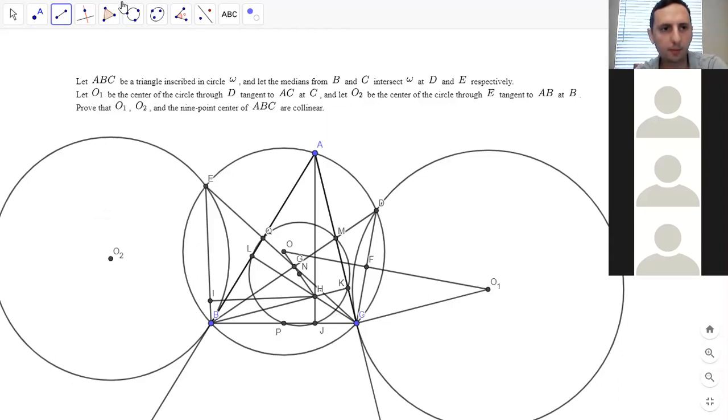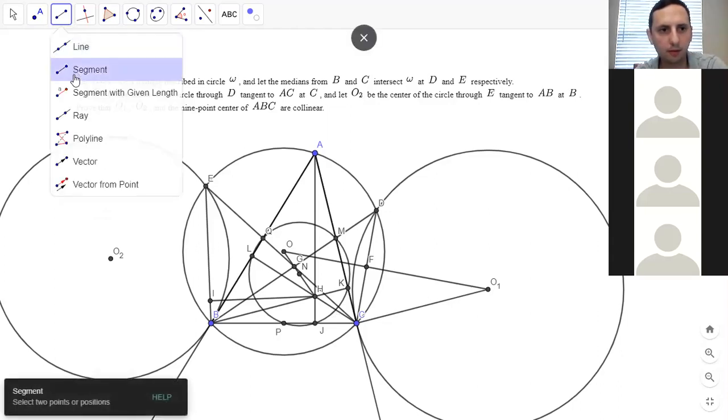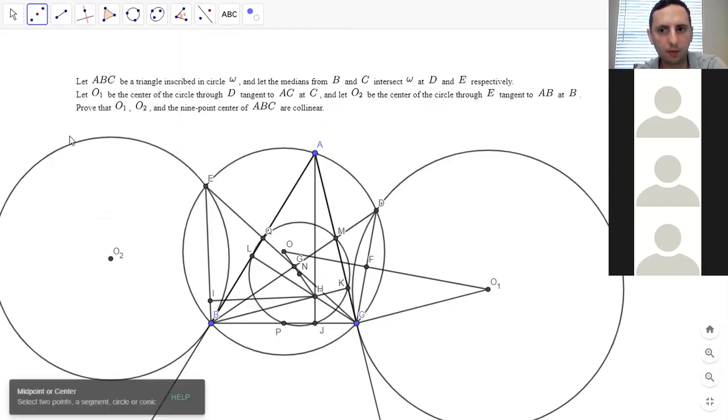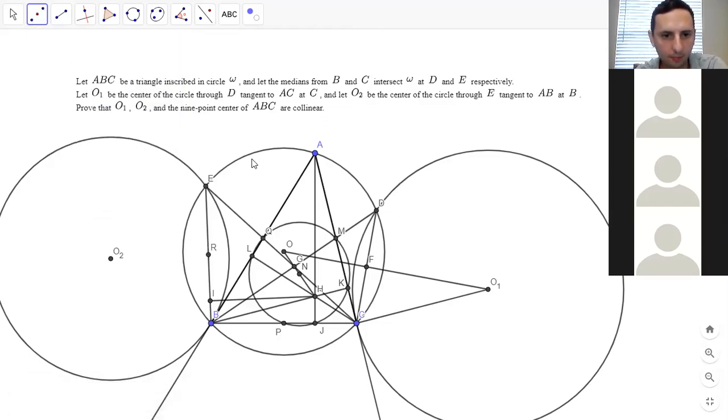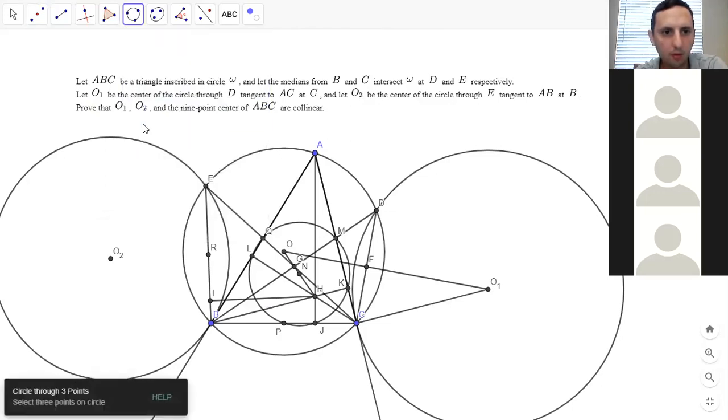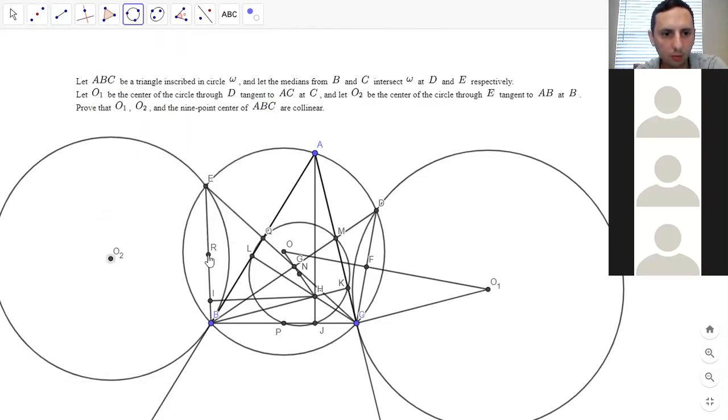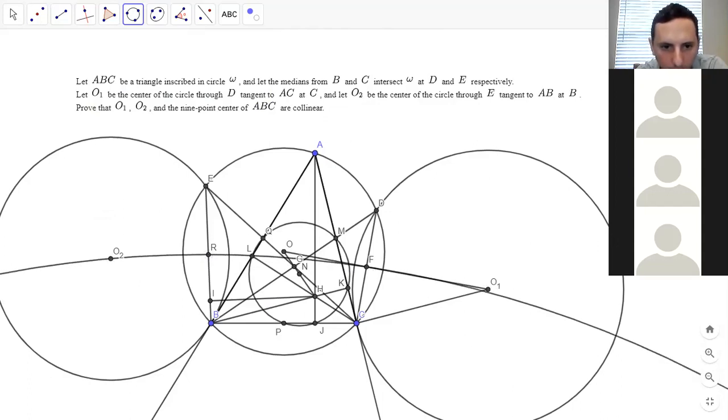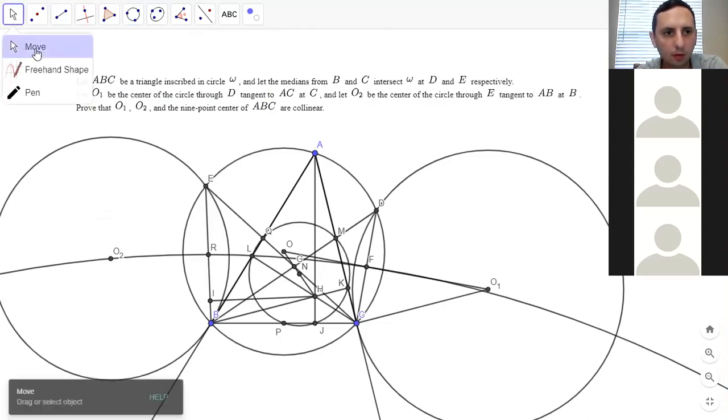So I wonder if we take the midpoint of BE, O2R. No, that's not cyclic. Wait a sec.